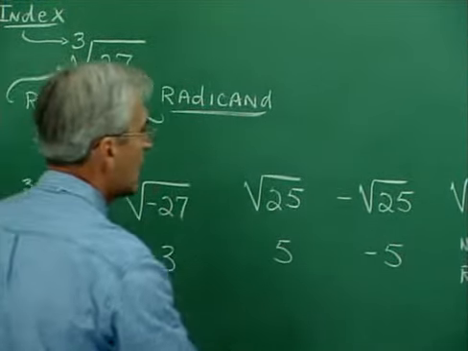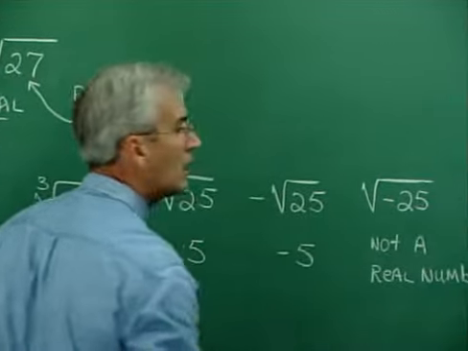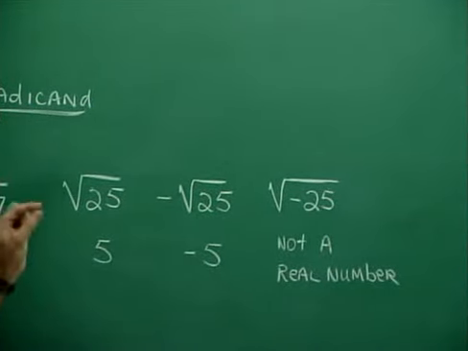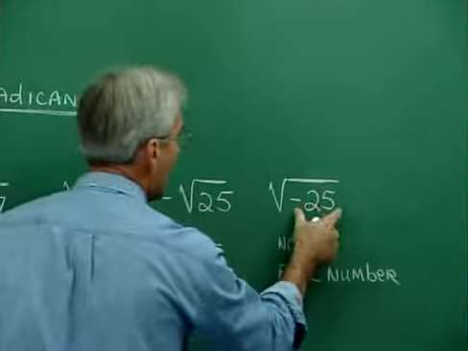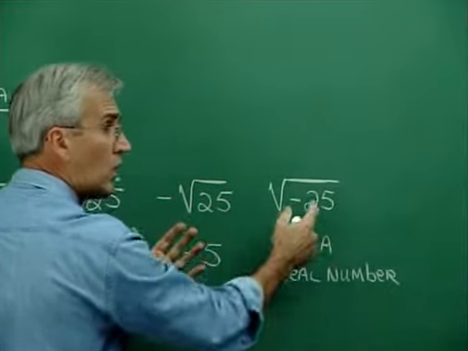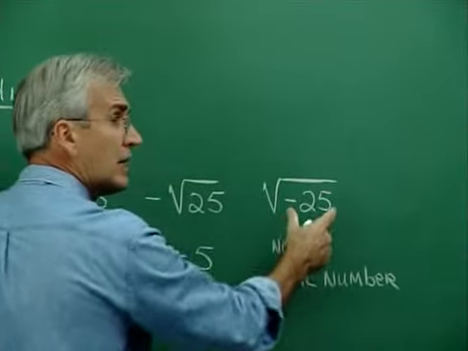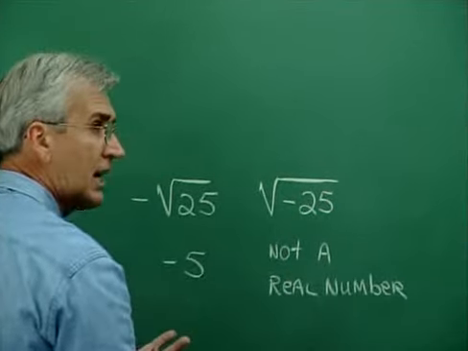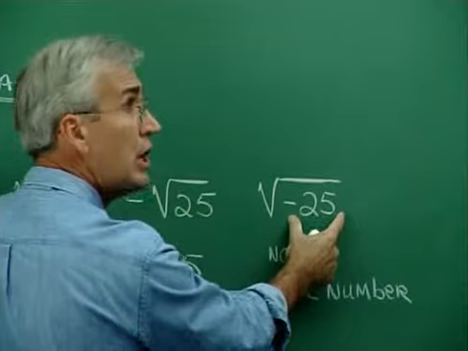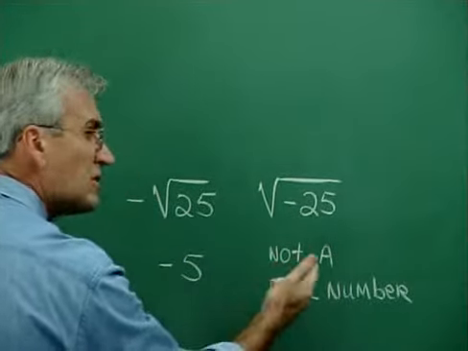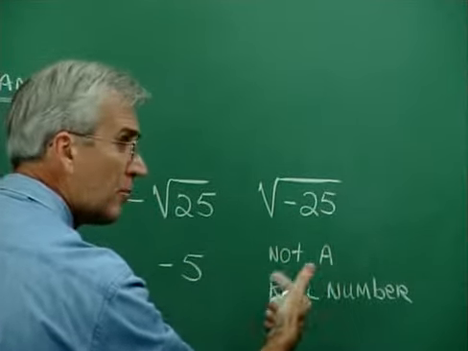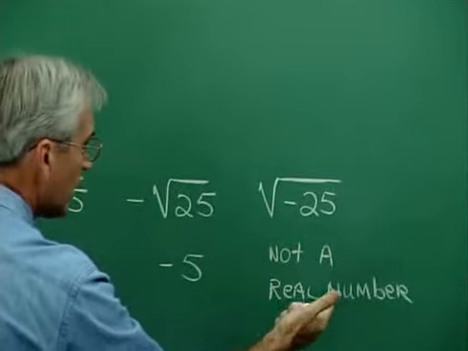Quite a bit of difference now when this minus sign appears under the radical sign. When we're taking the square root of a negative number, it's a request for one of two equal factors that gives negative 25. Is there such a number that we can multiply times itself to give negative 25? No. So there's no real number that will meet this request.